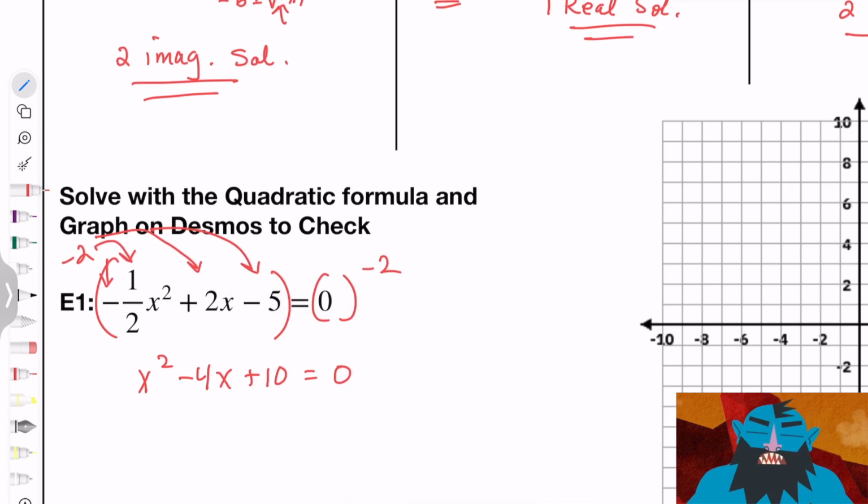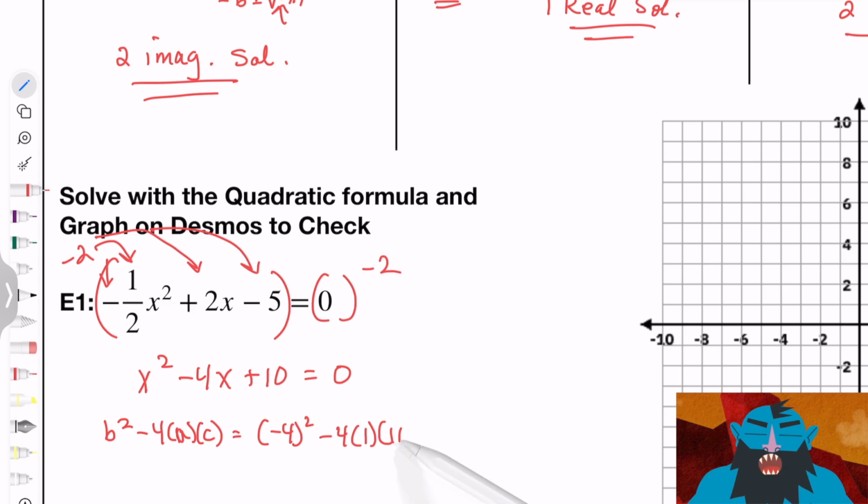And now I can use the discriminant to figure out what kind of answers I'm going to have. 4 times a times c. Negative 4 squared, so that's 16. So I get 16 minus 40, or negative 24. So I'm going to get two imaginary solutions for this one.